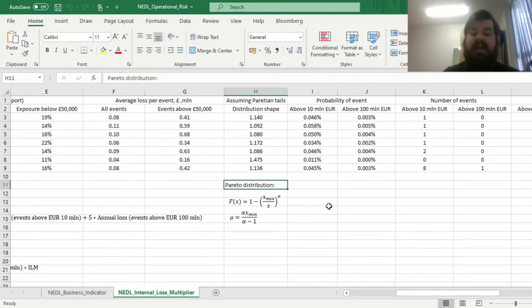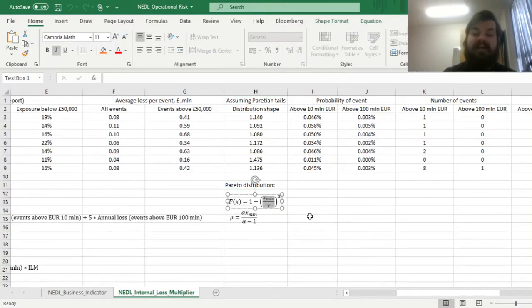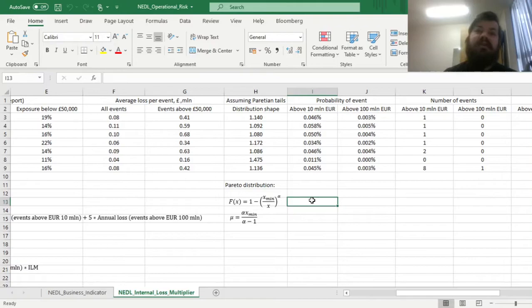And it's quite handy that the Pareto distribution relies on some minimum value of x, some cutoff value of x, to generate a convergent distribution with a convergent expectation, with a convergent mean. In our case, it would be average loss per event.